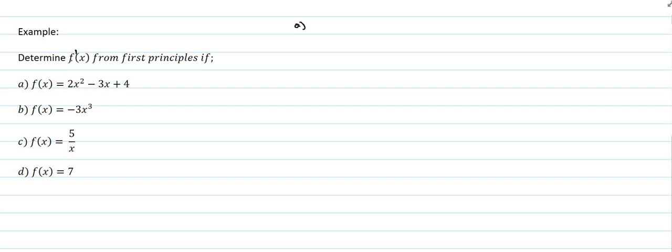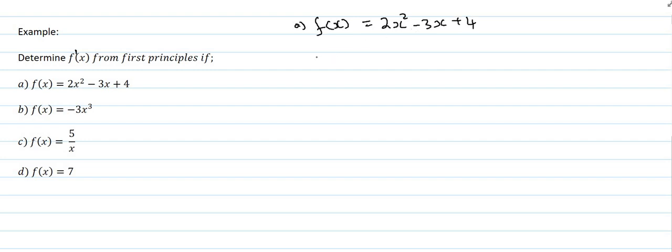The question says determine f prime of x from the first principle if f of x equals 2x squared minus 3x plus 4. Then we're given f of x equals 2x squared minus 3x plus 4.